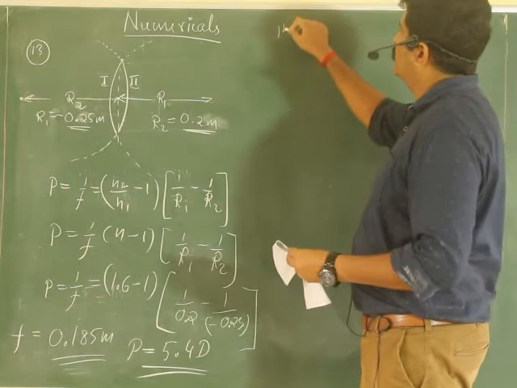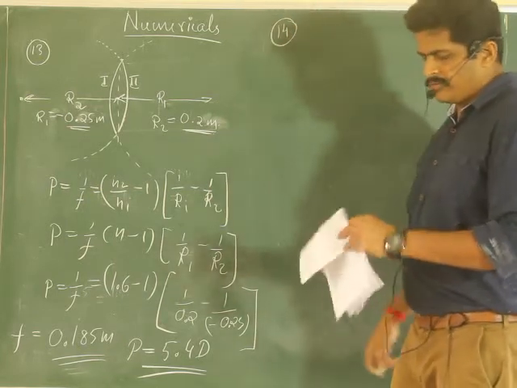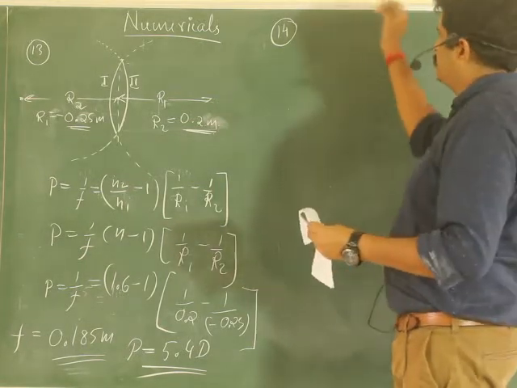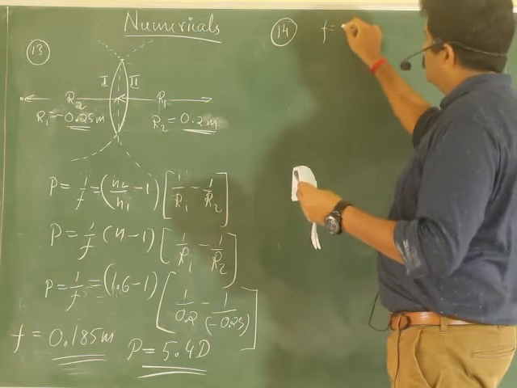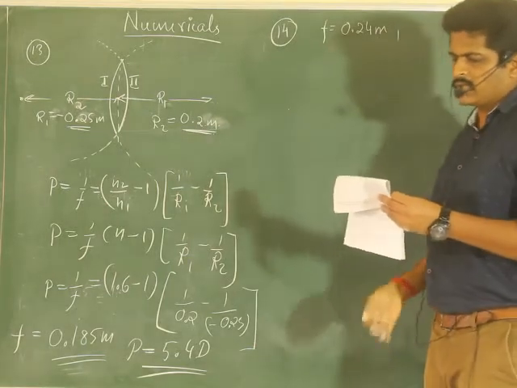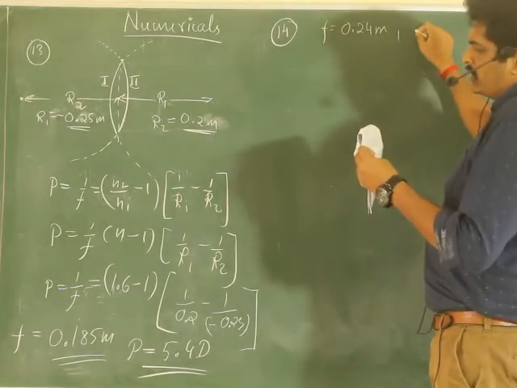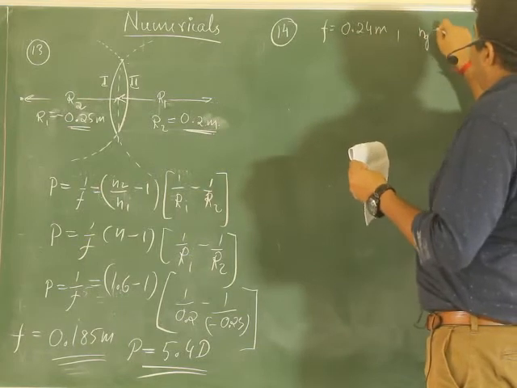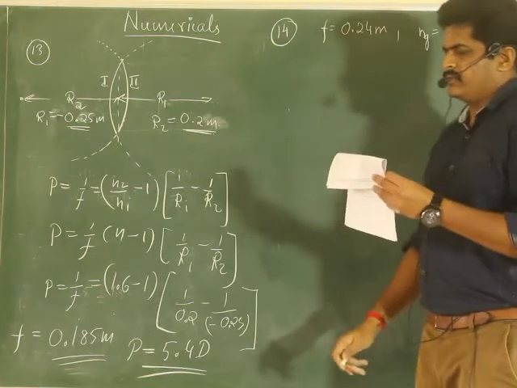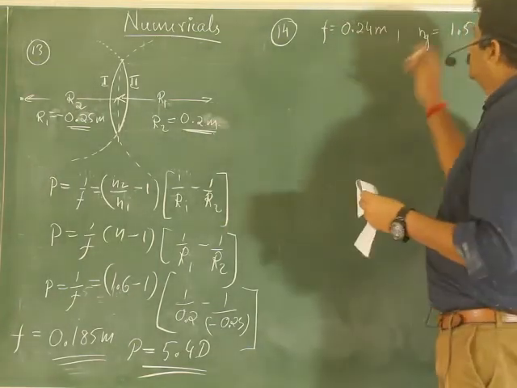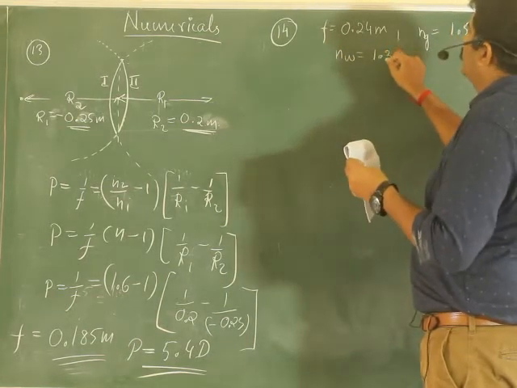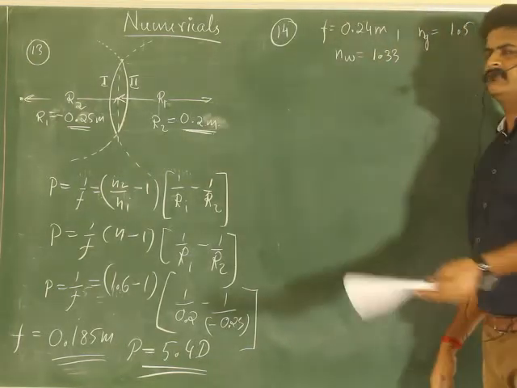Question number 14 says, a convex lens of focal length 0.24 meter and refractive index Ng equal to 1.5, made of glass, is completely immersed in water of refractive index 1.33. Find the change in focal length of the lens. The focal length is 0.24 meter because it is a convex lens; concave means negative.